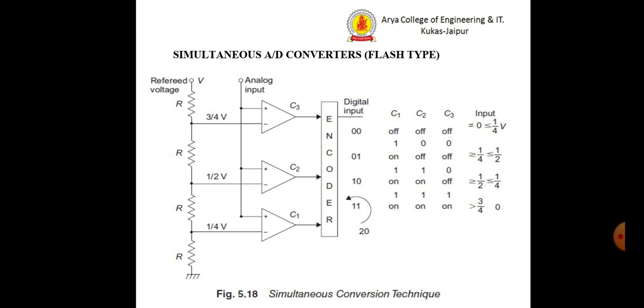The comparator will be on if the analog voltage is more than the reference voltage.